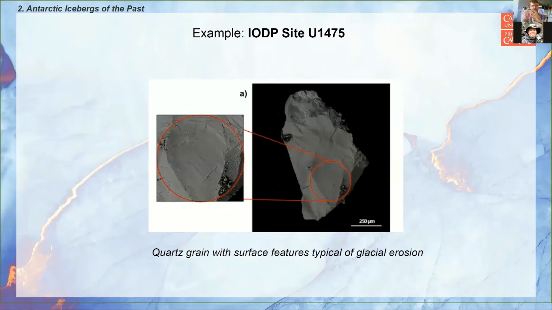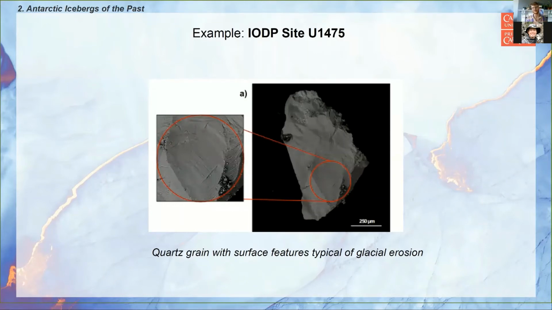So we take the mud, we extract some of the grains that we identify as probably coming from past icebergs, and we put them in a scanning electron microscope. So here's an image of a quartz grain from this sediment core, and this was exactly what we were looking for. We see those trademark striations, those scratch marks on the quartz grain, these conchoidal fractures that indicate there's a good chance that this at some point underwent some kind of glacial erosion.